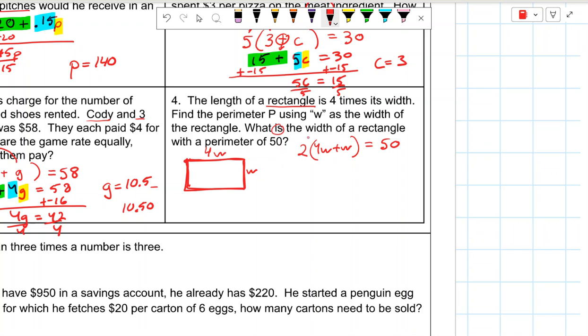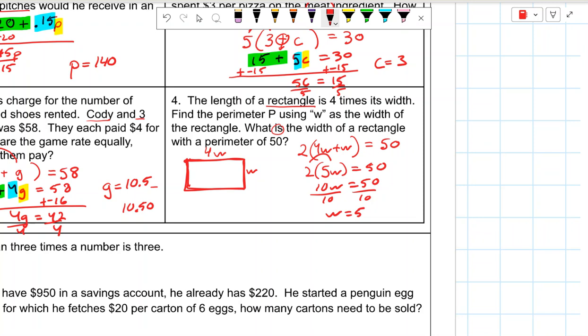Okay, so now we'll combine like terms in the inside. 4w plus w is 5w's. We'll distribute 2 times 5w is 10w, and then we'll divide out the coefficient and get w is 5.